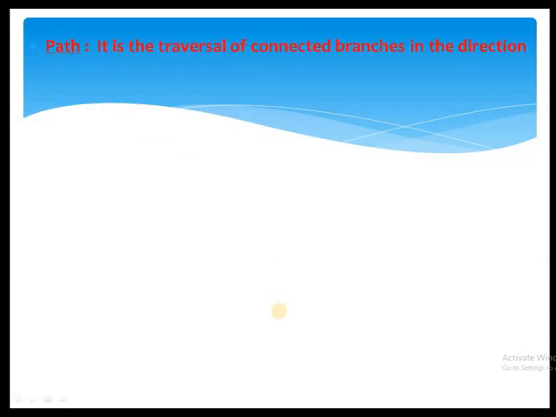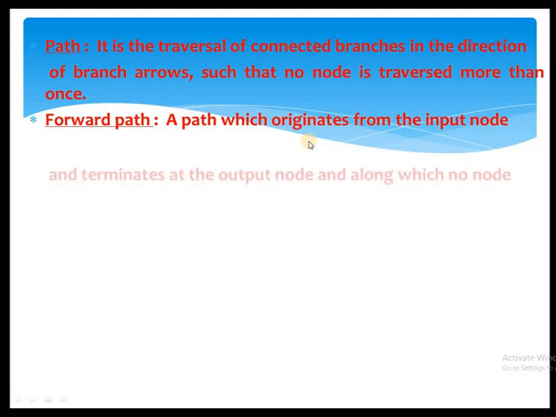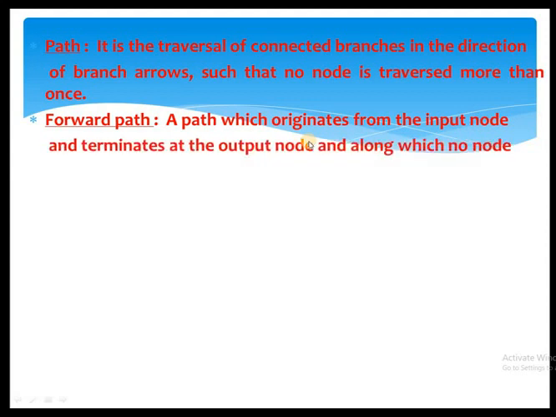Next one is path. What is a path? It is a traverse of a connection of branches in the direction of the branch arrow such that no node is traversed more than once. You should remember that last part: no node is traversed more than once. A forward path is nothing but a path in which a signal travels from input node to output node, without any repetition of nodes.